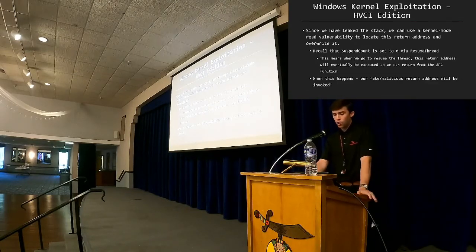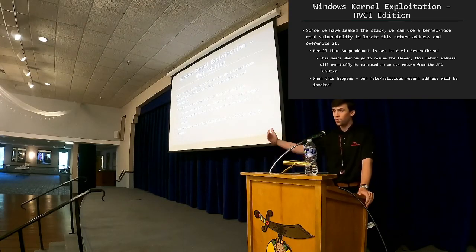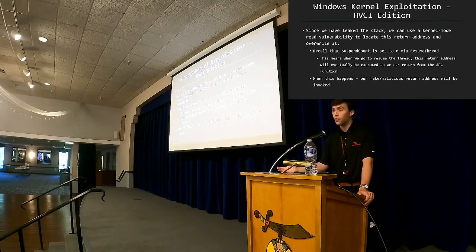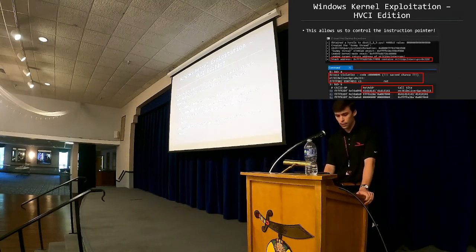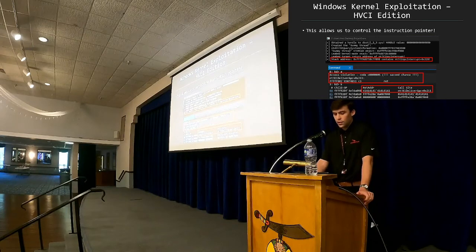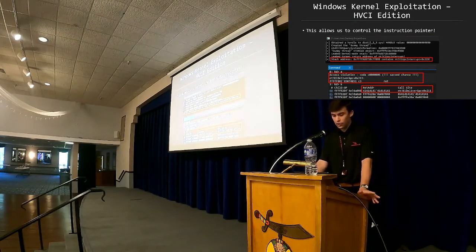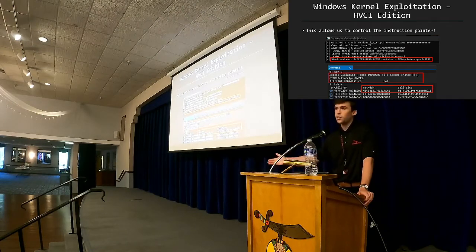Now, using a kernel mode vulnerability, we have the stack, right? We can locate return addresses and corrupt them. Then when the return address is executed, it will call into our fake return address. In the top screenshot of our exploit, we've leaked the stack, and we've done no exploitation up to this point. This is perfectly legitimate Windows exported functionality that I encourage you to try out on your own.